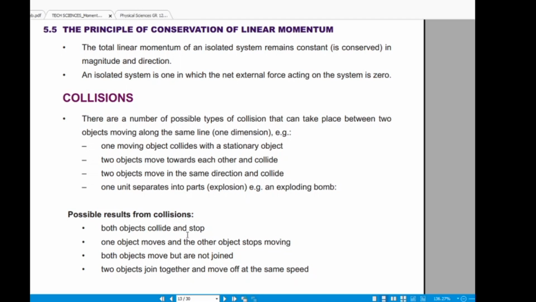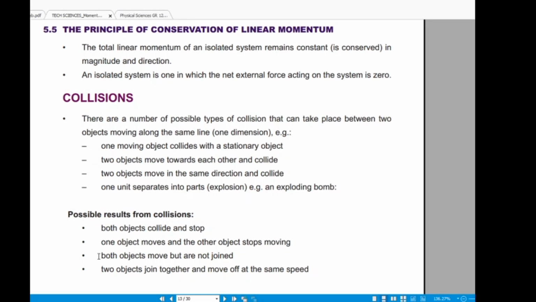Okay, another possible result is both objects move but not joined. So in this case, ziyachayisana inkoloyi and then both of them move in separate directions. Another result is two objects join together and move off at the same speed.